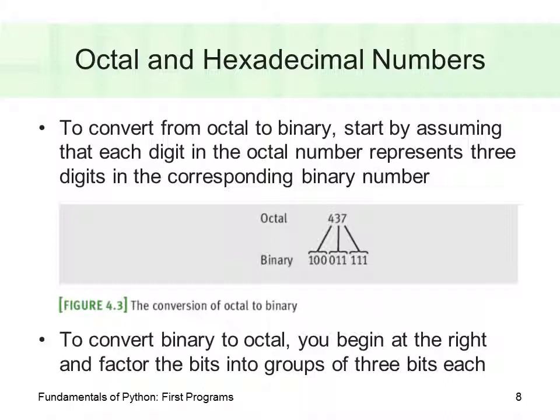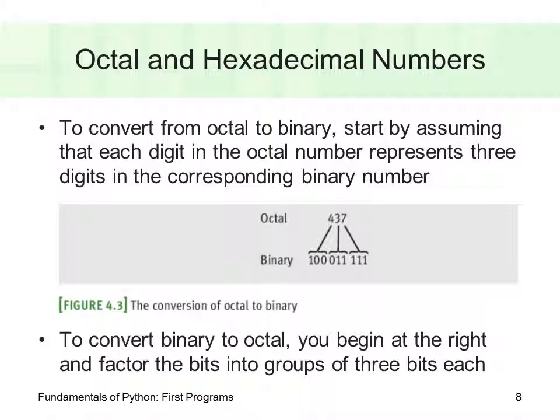To convert from octal to binary, start by assuming that each digit in the octal number represents 3 digits in the corresponding binary number. So you start out with an octal number, in this case 437. 4 is 100 in binary. 3 is 011 in binary, and 7 is 111 in binary.